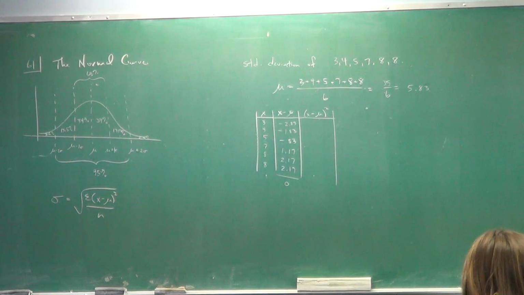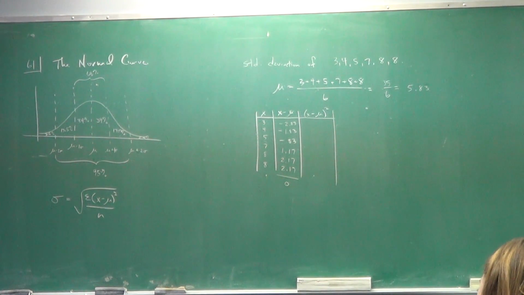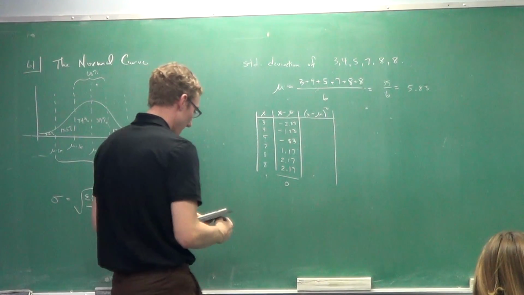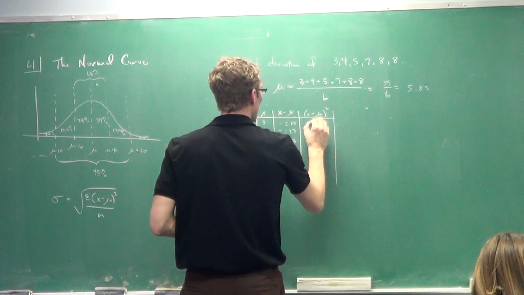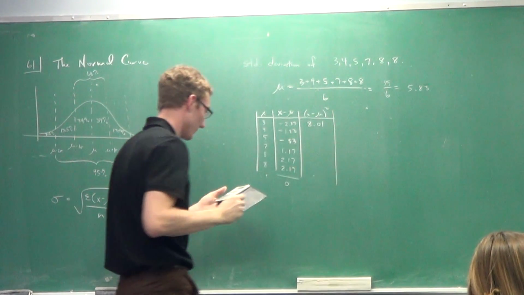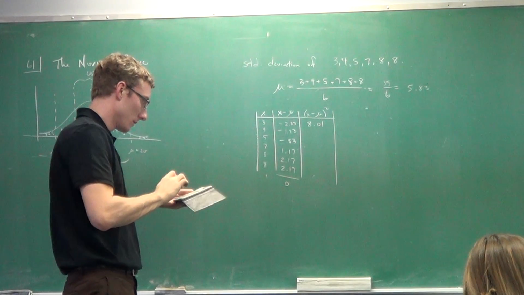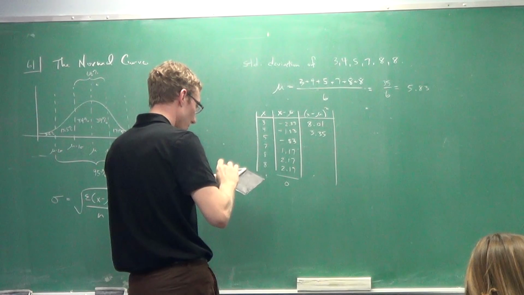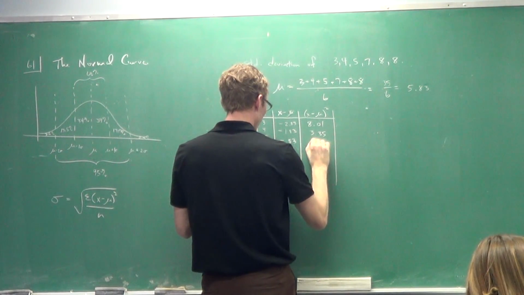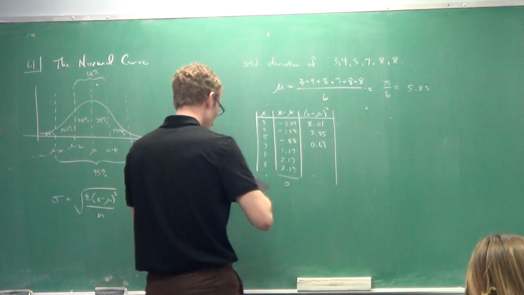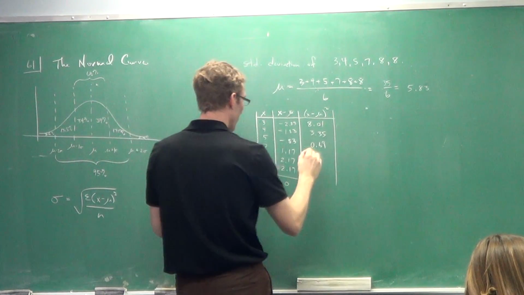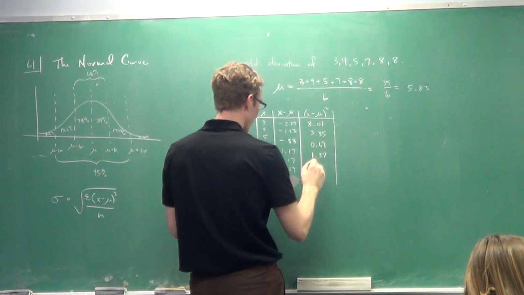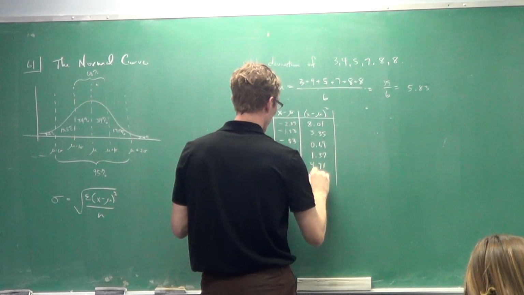So, we'll take 2.83 times itself, and I'll just round to 2 decimal places. 8.01. 1.83 times itself, 3.35. 0.83 times itself, 0.69. 1.17 times itself, 1.37. 2.17 times itself, 4.71.